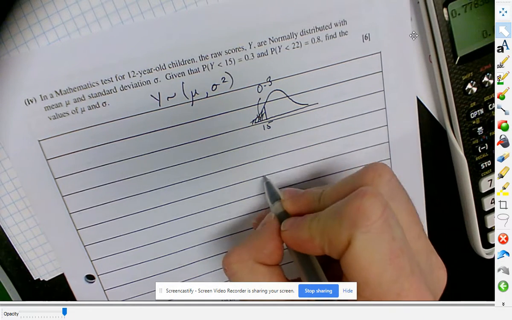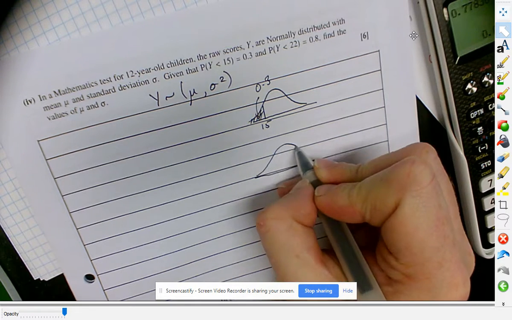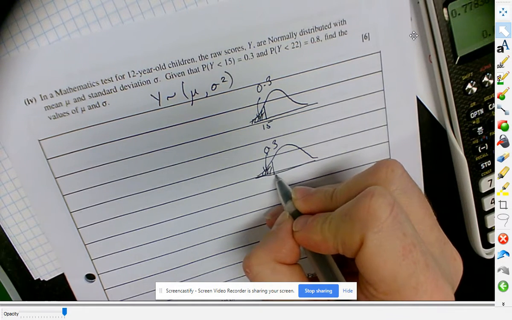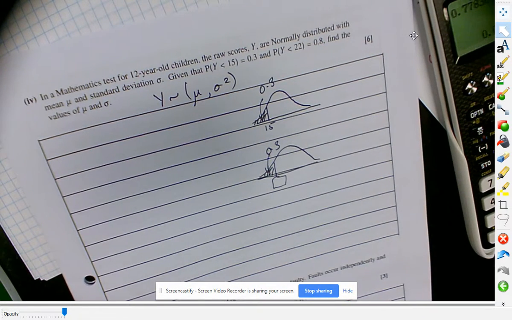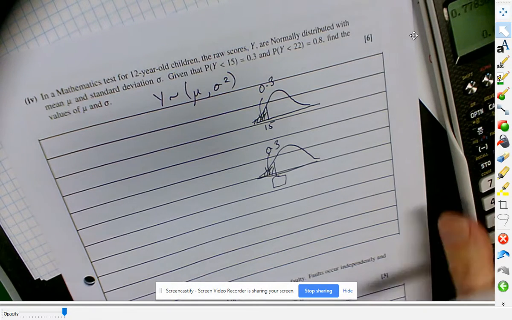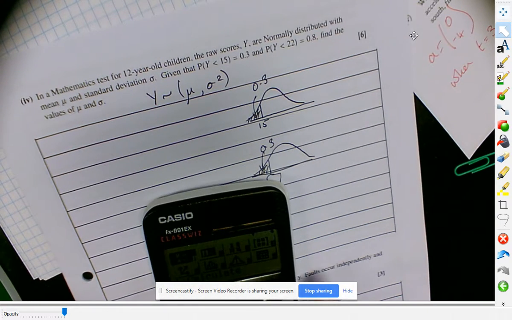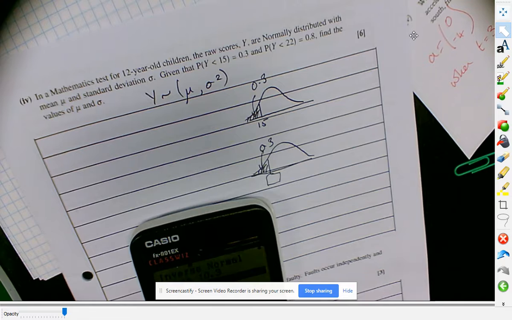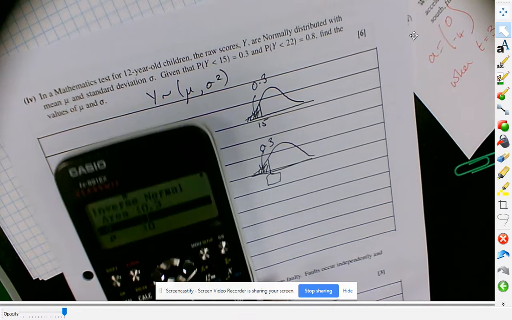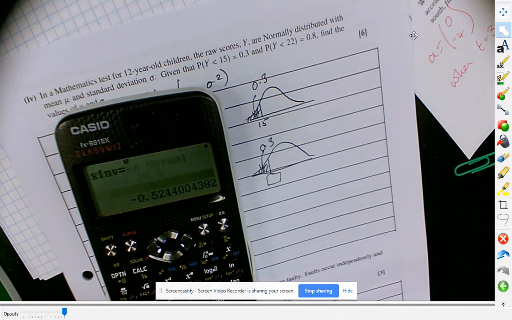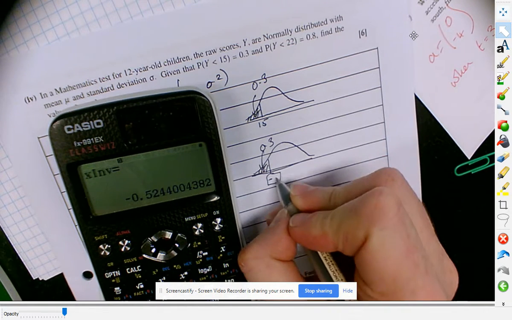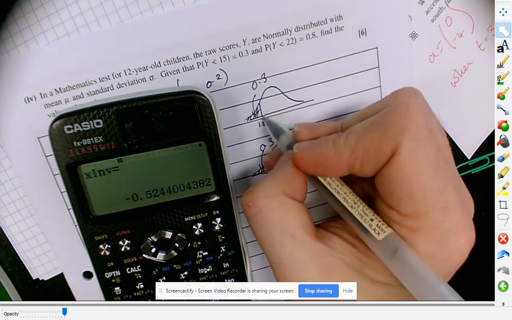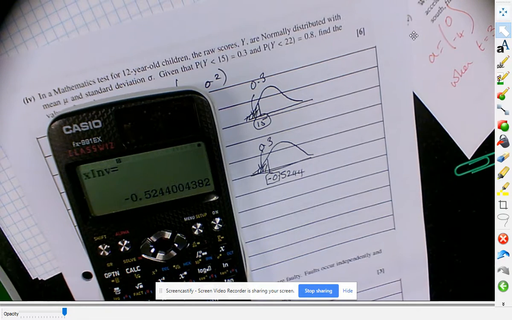Remember, on the standard normal curve, I've got this to be 0.3, and I've got a number here. Now I can actually work out what this number is, because using my inverse normal, the area is 0.3, sigma is 1, mu is 0. That's the standard normal. So this gives me a value of negative 0.5244.